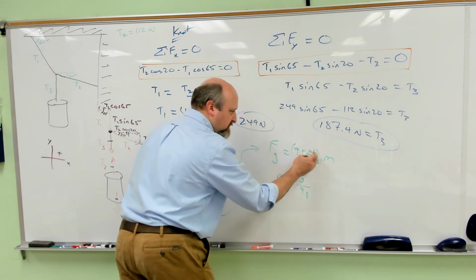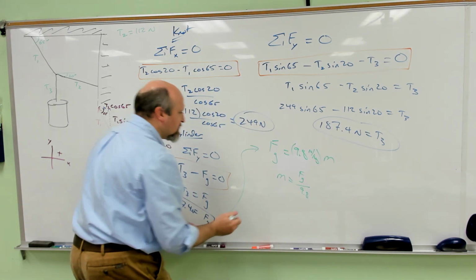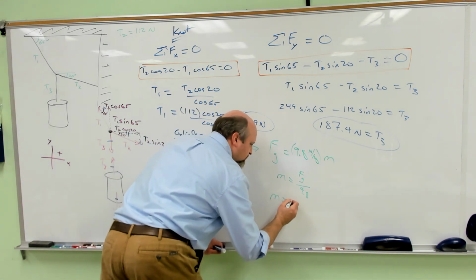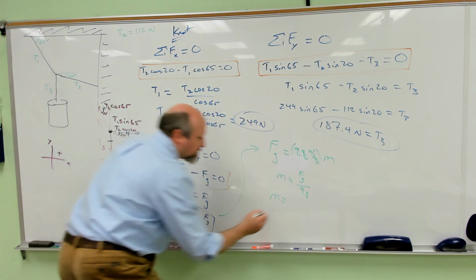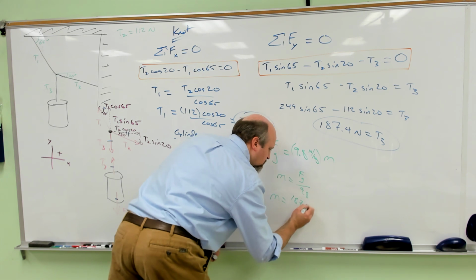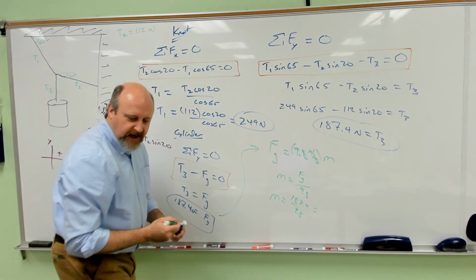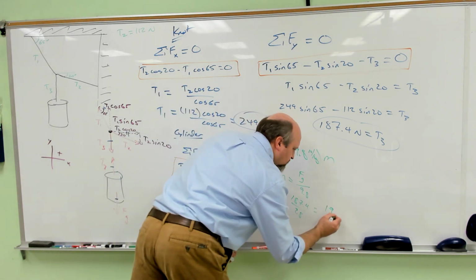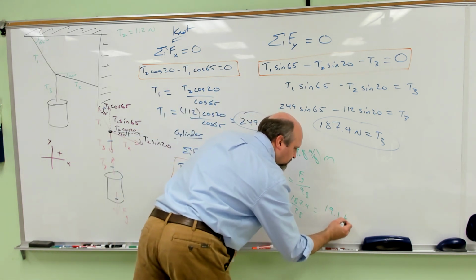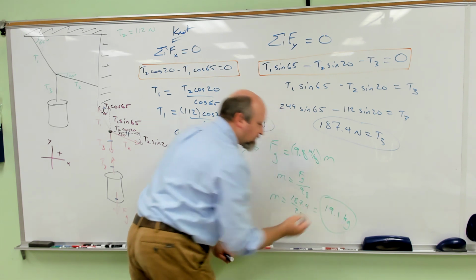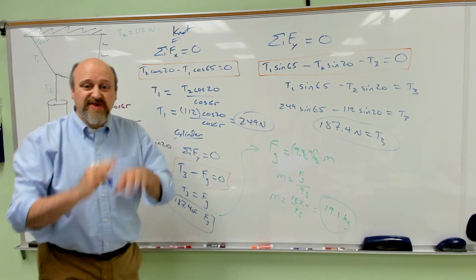It's okay not to use the units in the calculation. So the mass is 187.4 divided by 9.8. Punch that in my calculator, and I got a mass of 19.1 kilograms. Again, mass is always in kilograms. And that's everything solved.